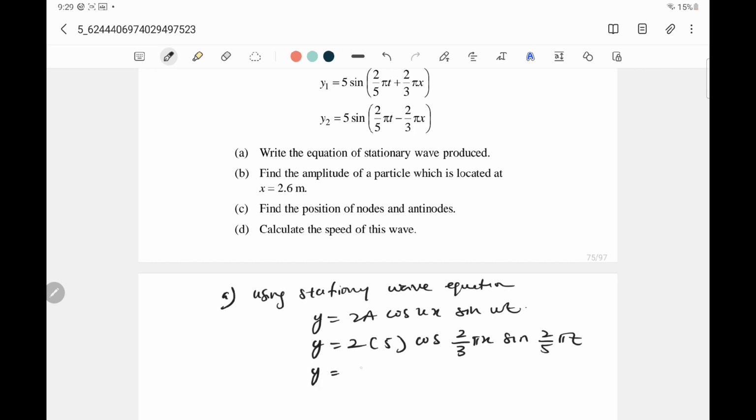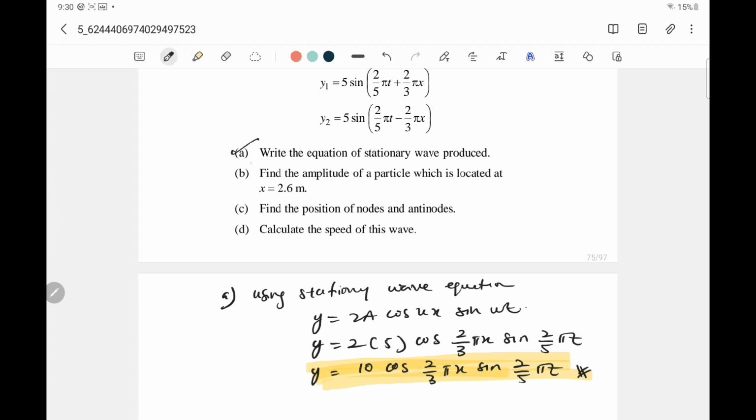So your equation should be 10 cos 2/3 pi x sine 2/5 pi t. So this is your equation for the stationary wave. Okay, this is the equation for the stationary wave.